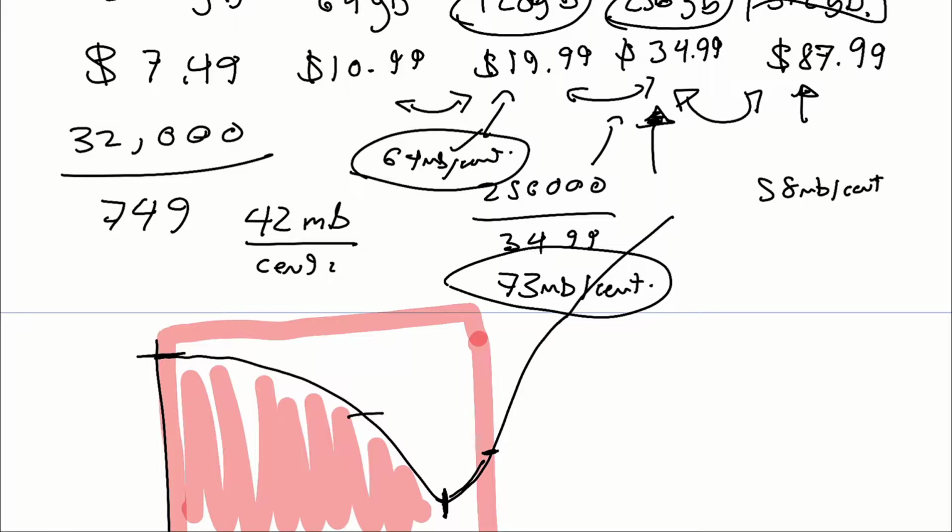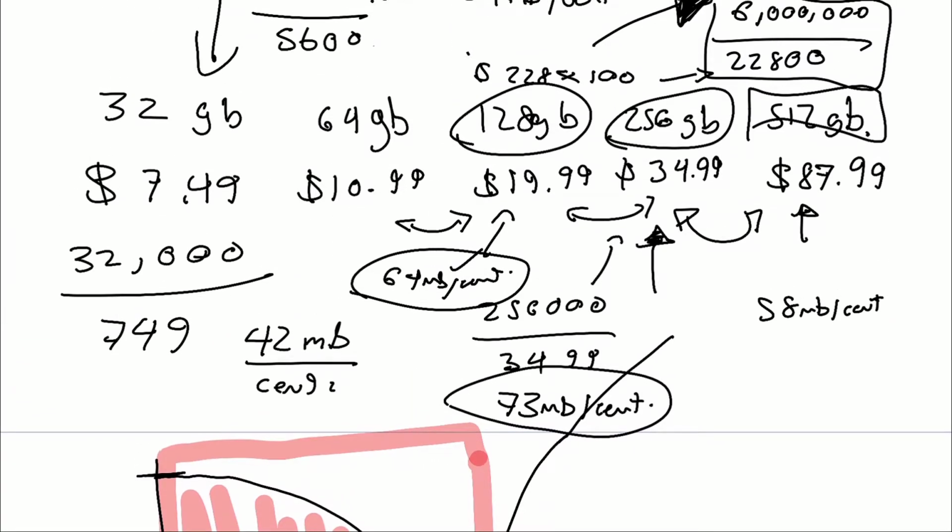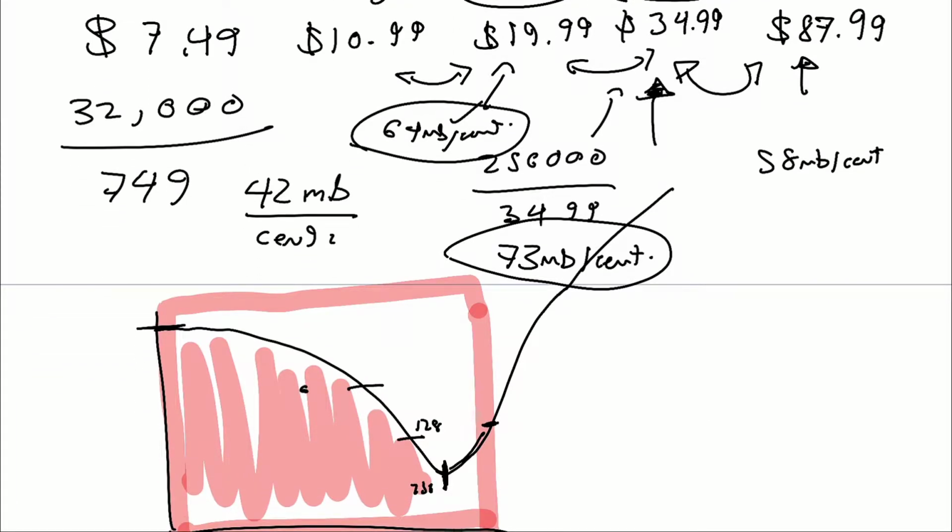Actually, the 128 would probably be around here. Then the 256, and then the 64 is here. And then the 512 is around here, which is more expensive than the 128, so it's a little bit high. I guess this is not exactly to scale. It will be more like around there. And then this is where the 512 is.